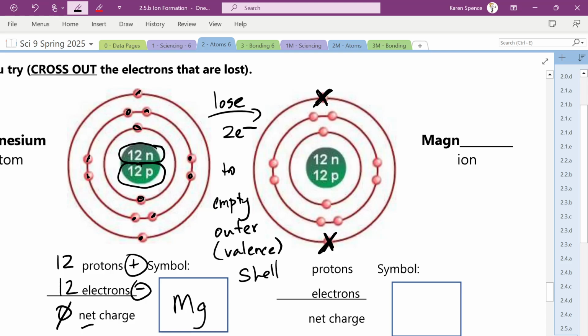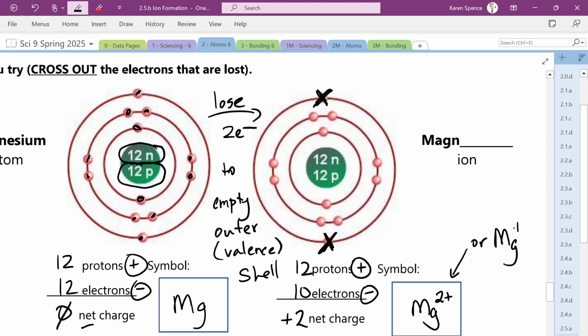So now instead of having 12 electrons, we only have 10. We have 12 protons, so we have 12 positives, we have 10 negatives, so our net charge is +2. So we now have Mg 2 plus, or Mg +2.